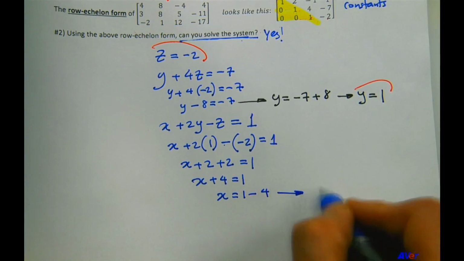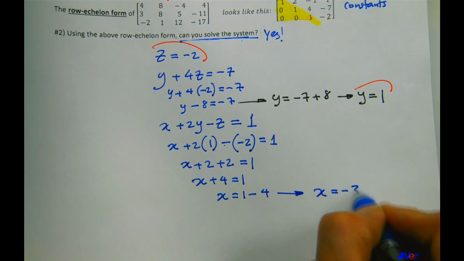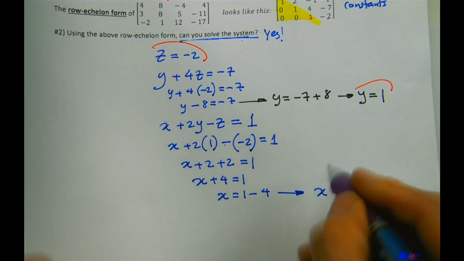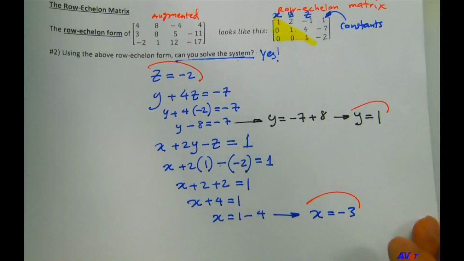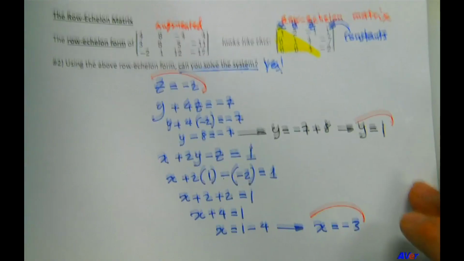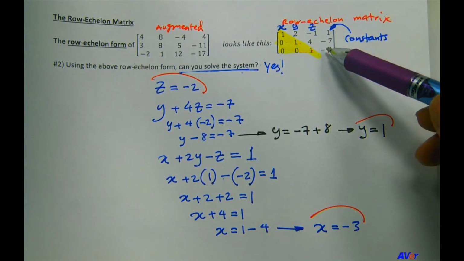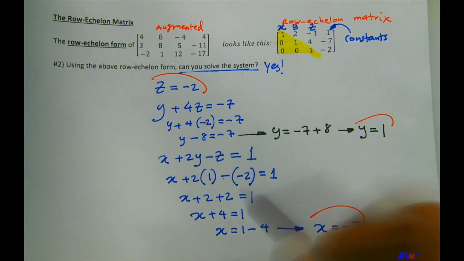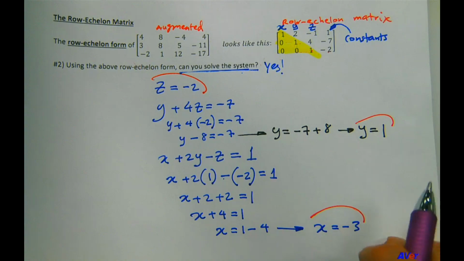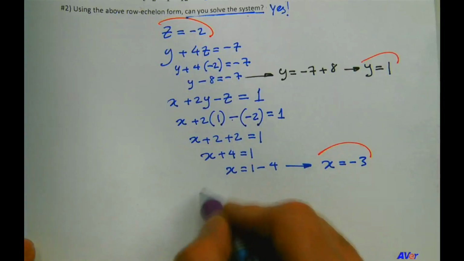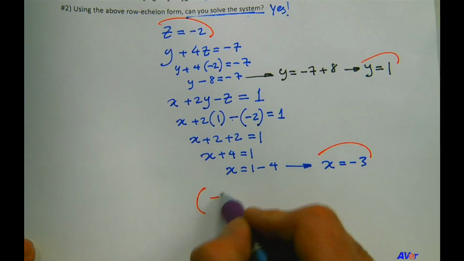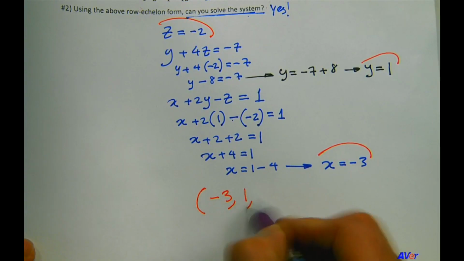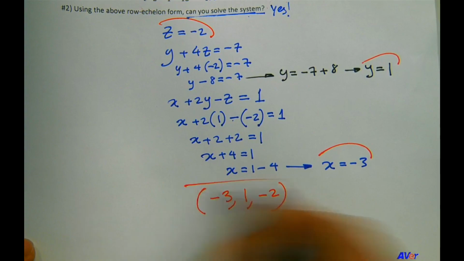And then, of course, x equals minus 3. So using the row echelon matrix, we were able to find x, y, and z. So the solution of the system then, let me write it at the bottom here, is minus 3, comma 1, comma negative 2.